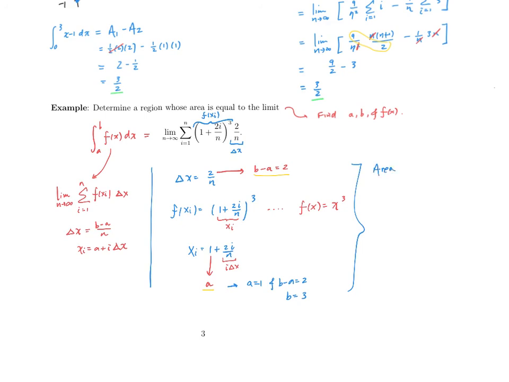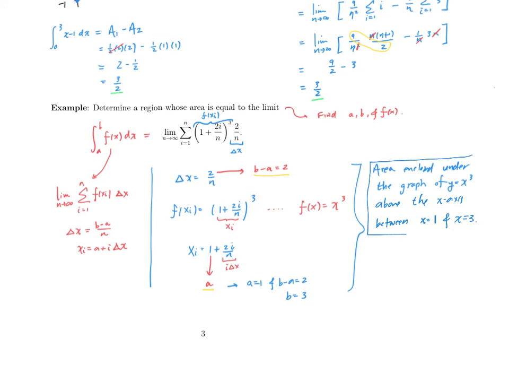So the area enclosed under the graph given by the curve y equals x cubed above the x-axis between x equals 1 and x equals 3. And this is the kind of final conclusion, but note this supporting work is definitely required as well.